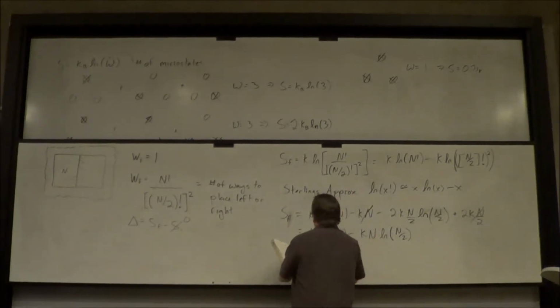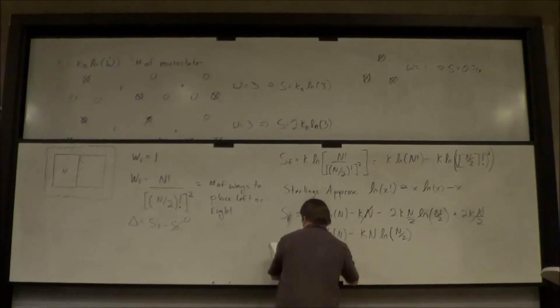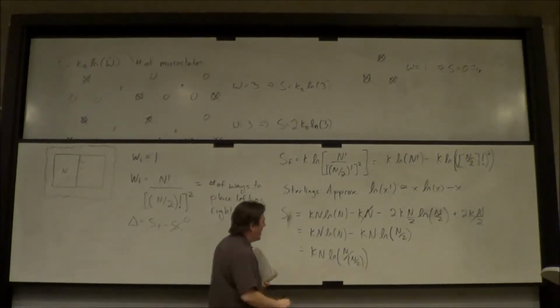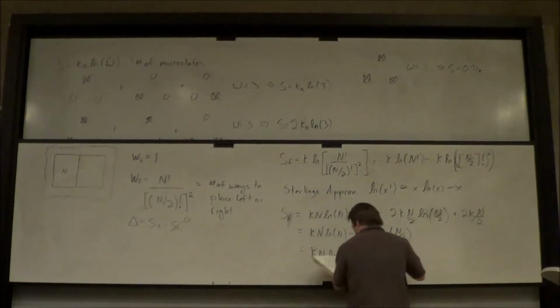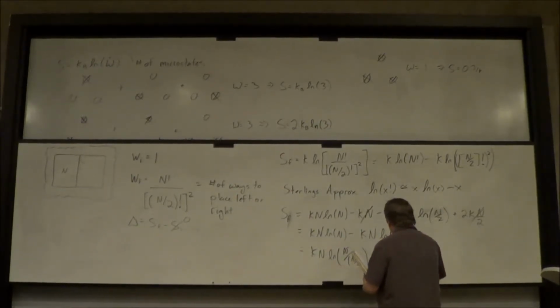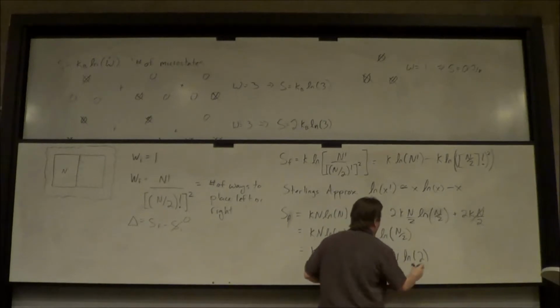Okay. Now I'm going to factor kN natural log of N over 2. Okay, I know that's a little awful. Obviously now I'm almost done. That's kN natural log of 2. What's wrong with me? Handwriting's bad today.